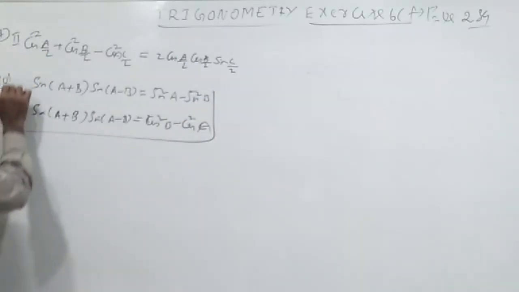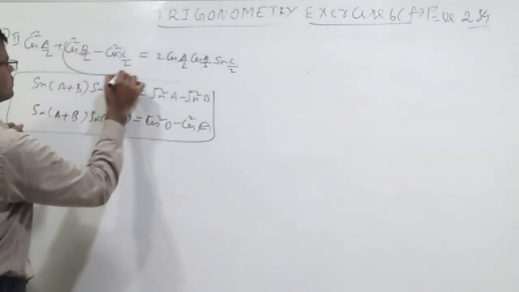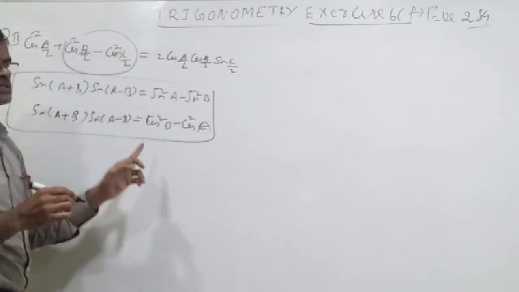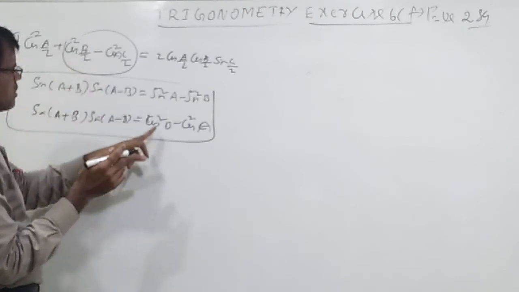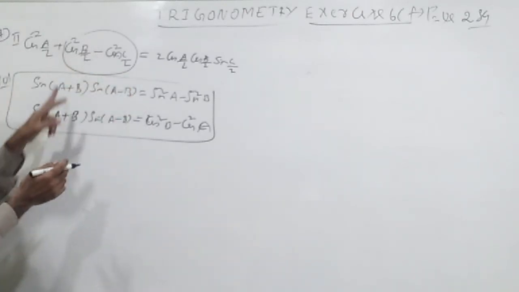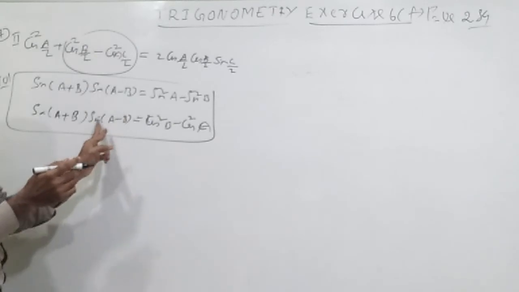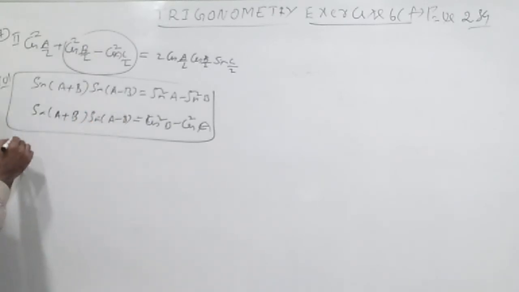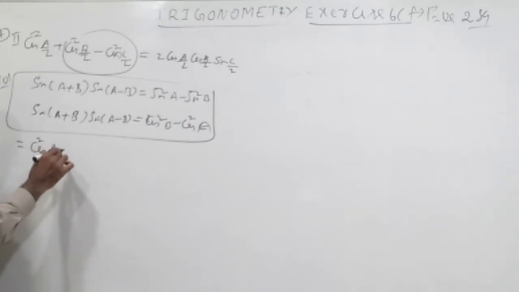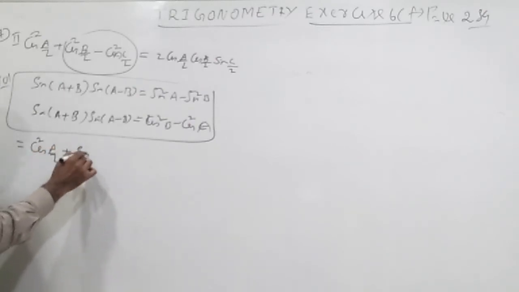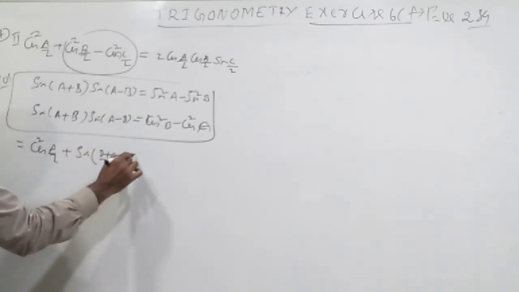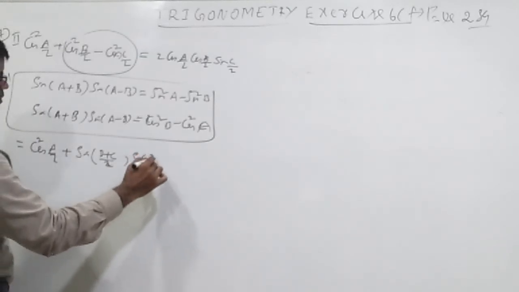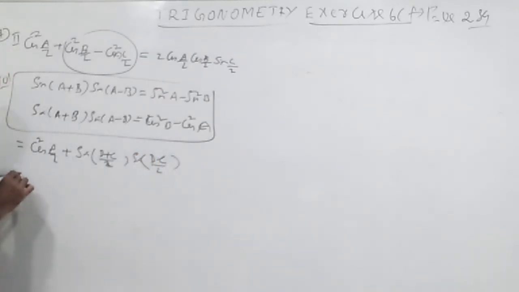So why are you using this formula for this term, cos²B/2 − cos²C/2? sin(A+B) · sin(A−B). So for cos²B/2 − cos²C/2, you can understand it as cos((B+C)/2) · sin((B+C)/2) · sin((B−C)/2).